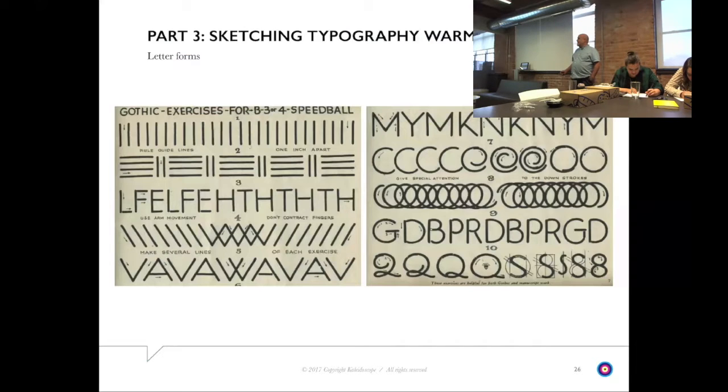So you can see at this top line here, you can combine vertical lines and those angles and make M, Y, K, M, all these letter forms.